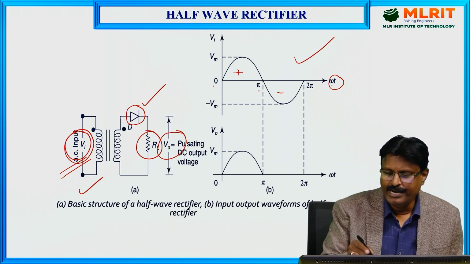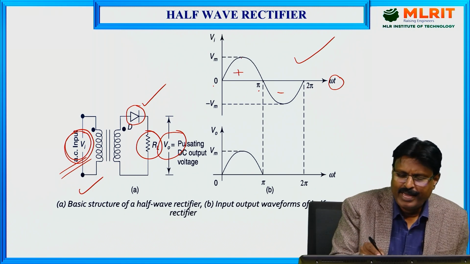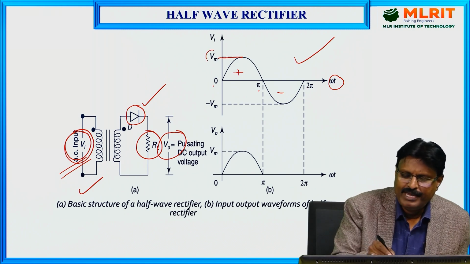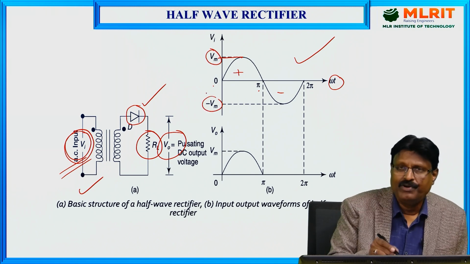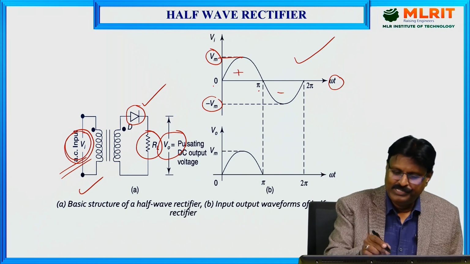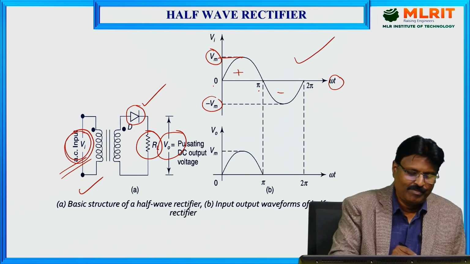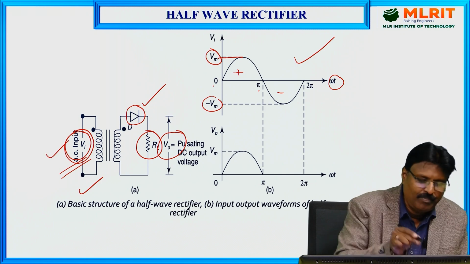Whenever omega t is in between pi to 2 pi, it is a negative half cycle. The maximum value is represented by Vm, and in the negative half it is minus Vm. Here I am providing this input voltage for my half-wave rectifier circuit.